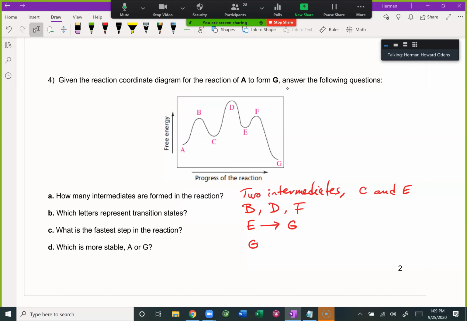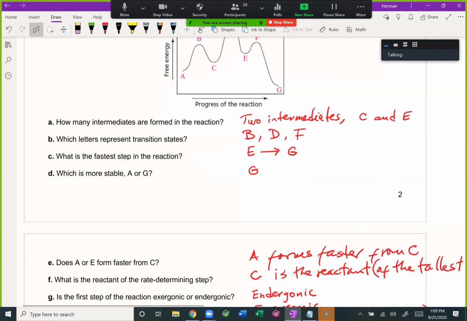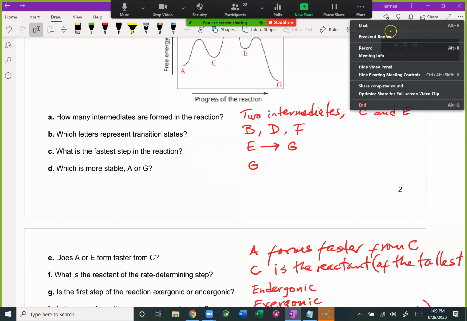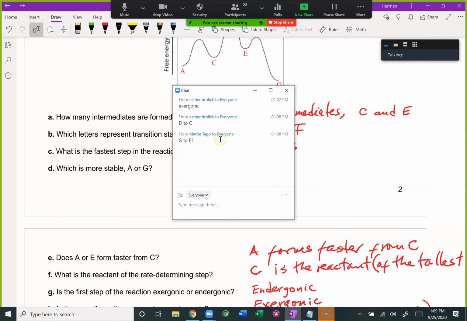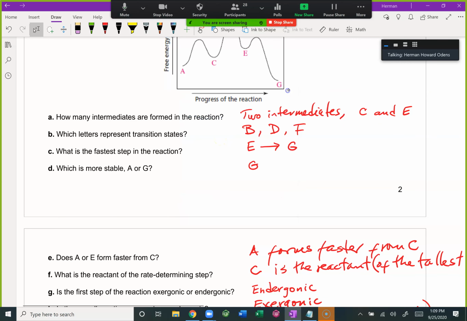G to E, very good, yes. Maddie, G to F, it's not a full step, it's a transition state. So G to E is the right answer. So that's what I was trying to say.